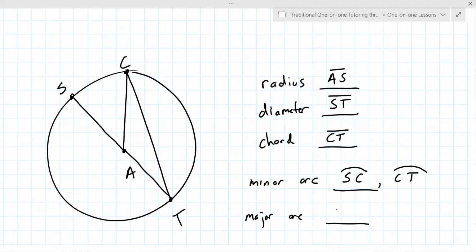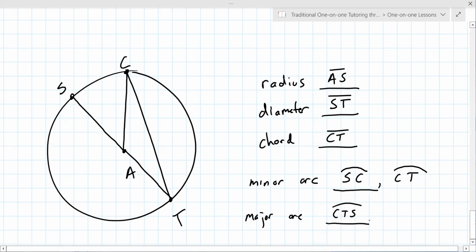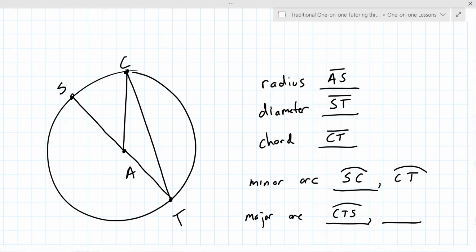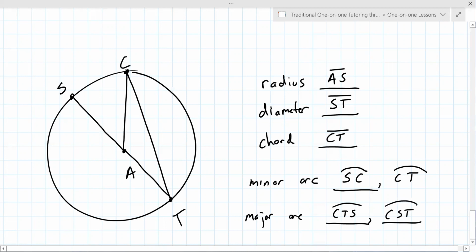You could say CTS. Okay, I agree. How about this one? I was thinking maybe... wait, no, that wouldn't work. I was going to say S to C, but then that's right there. How about CST?